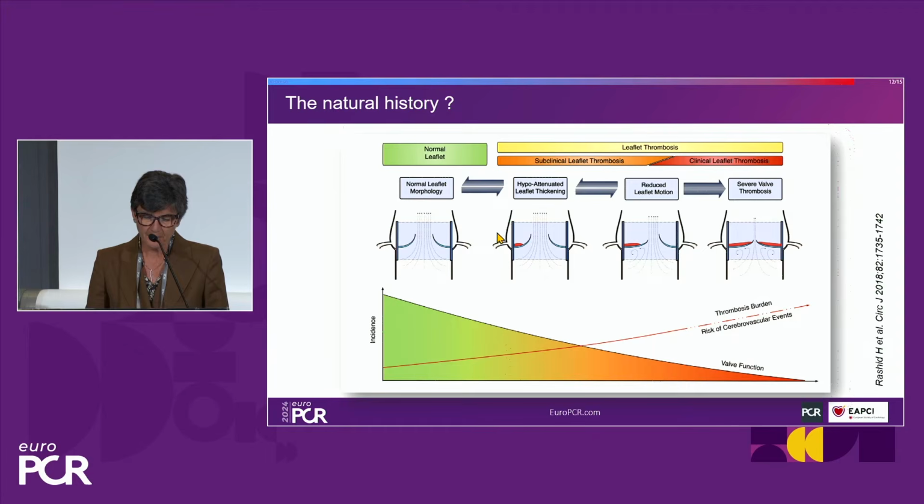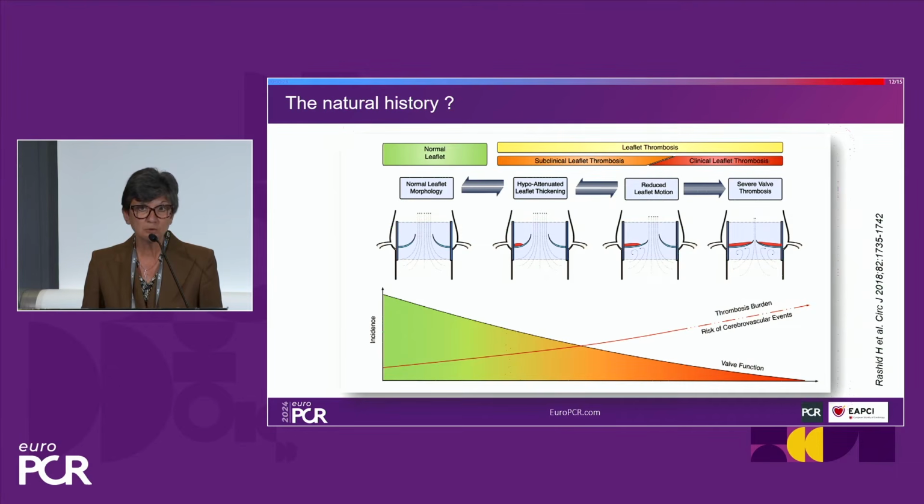So if you compare the normal leaflet morphology, absence of HALT, with the hypoattenuated leaflet thickening, it could be, but I insist it's a hypothetical statement, the beginning of the process of reduced leaflet motion and then severe valve thrombosis with clinical leaflet thrombosis and risk of cerebrovascular events, and finally structural valve deterioration.